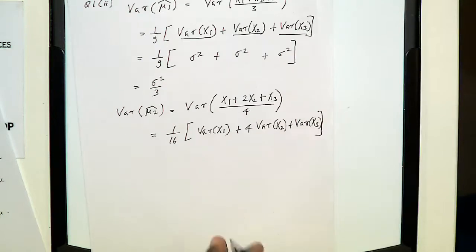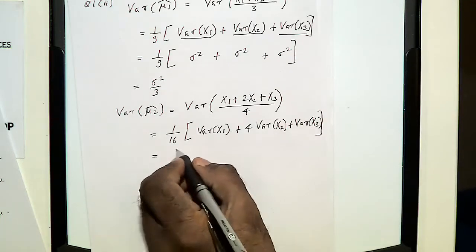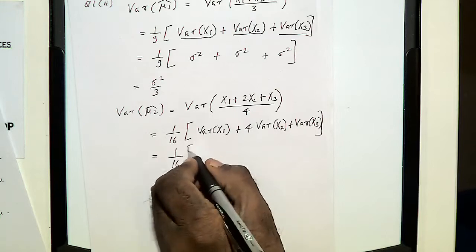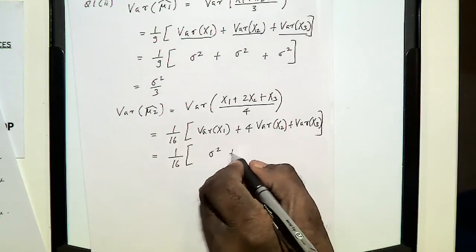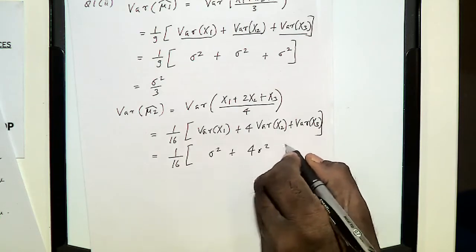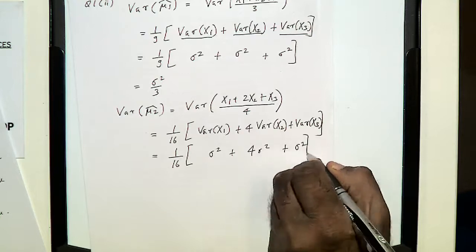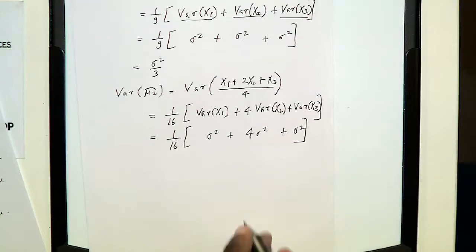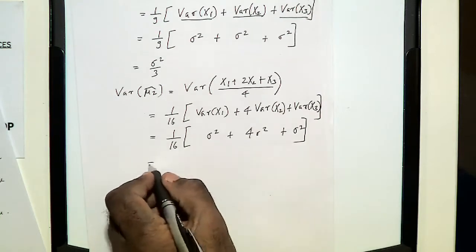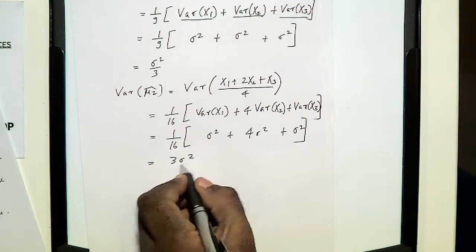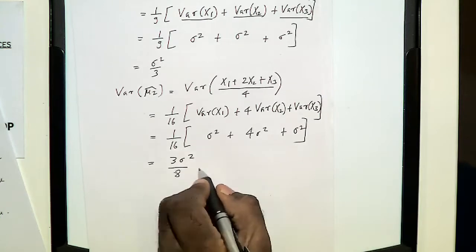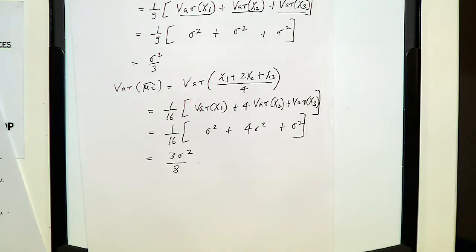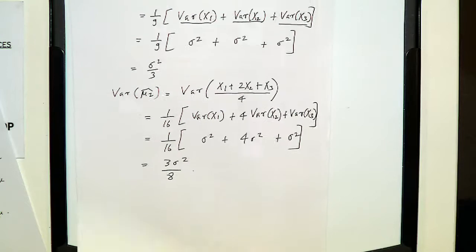Now we know each of these is sigma squared, so this is going to be sigma squared plus 4 sigma squared plus sigma squared. If you simplify, this will be 3 sigma squared divided by 8. So that completes part 2.